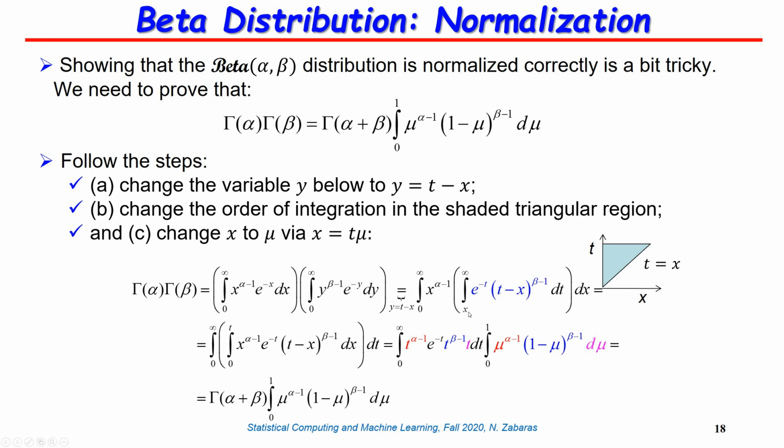So you can see the integration in t going from x to infinity and the integration in x going from 0 to infinity. Effectively, if you think about it, this double integral requires that you integrate over all of this triangular domain going to infinity. The way the integration is implied here is for a given x, you have to integrate on a little strip from x to infinity, from the diagonal all the way to infinity.